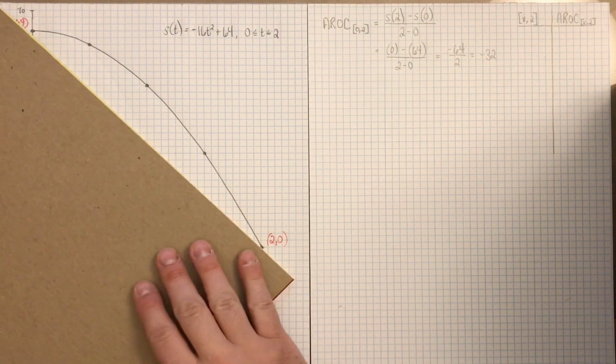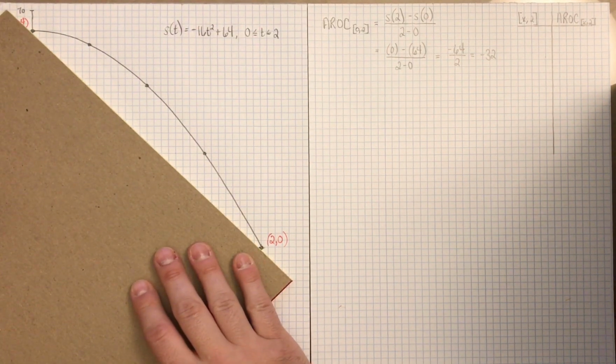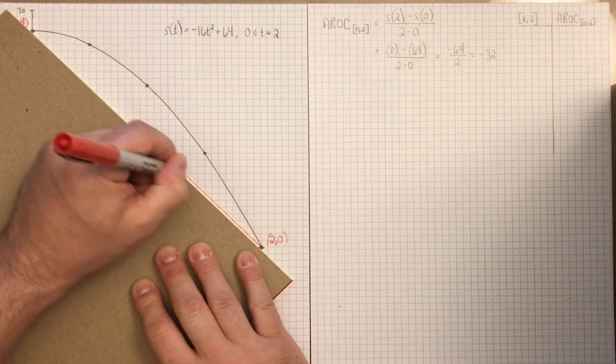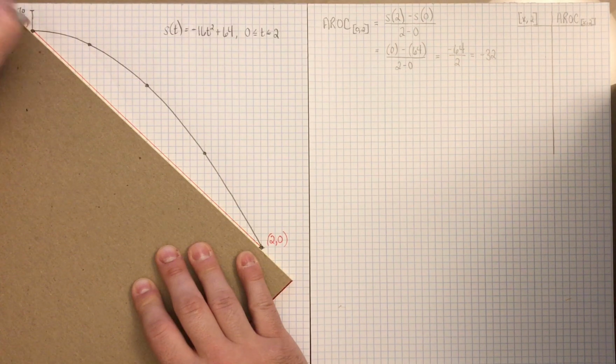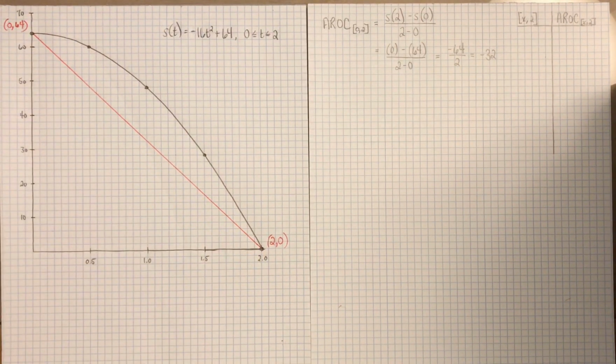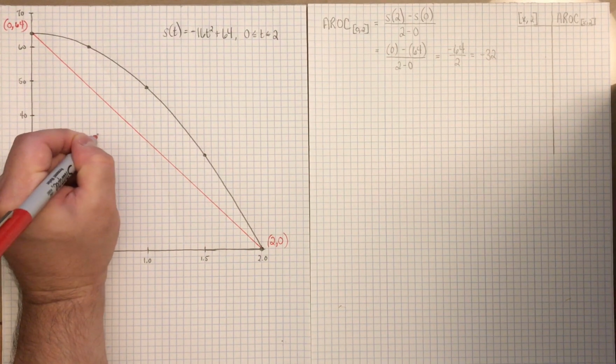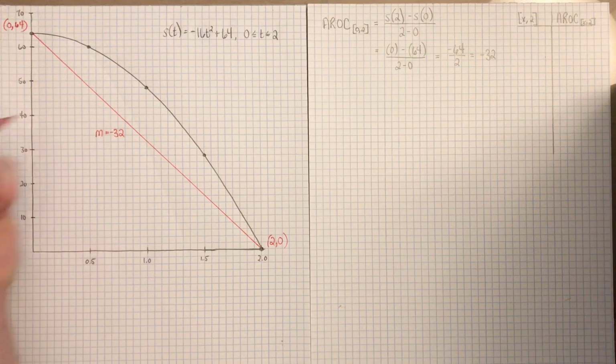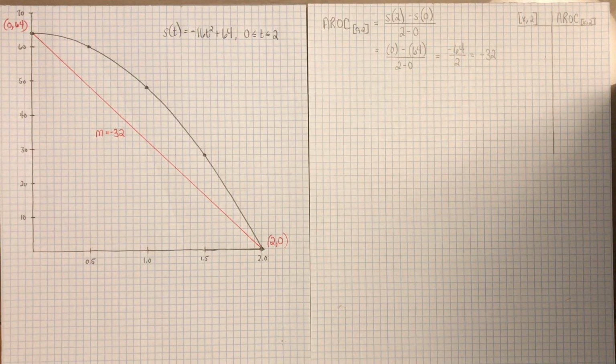So the average rate of change calculation looks an awful lot like the slope formula because that's what it is. It is the slope of this line. We go down a total of 64 and right a total of 2.